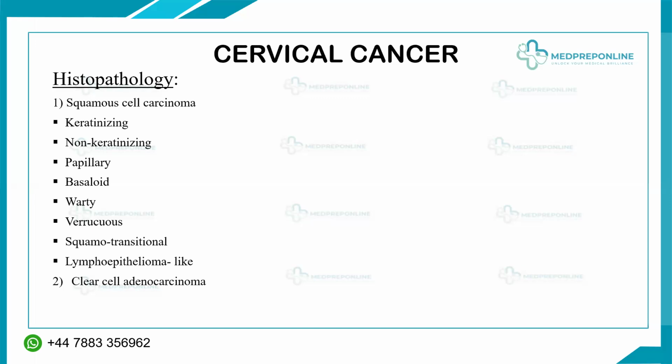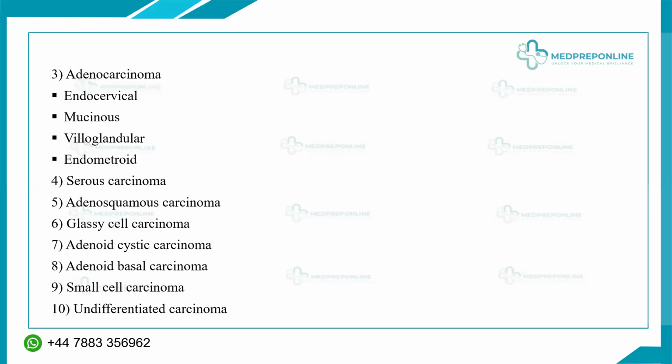We also have clear cell adenocarcinomas developing in the cervix, and adenocarcinomas which could transform into endocervical, mucinous, villoglandular, or endometrioid. Other very rare cell types are serous carcinomas, adenosquamous, glassy cell, adenoid cystic, adenoid basal, small cell carcinomas, as well as undifferentiated carcinomas.